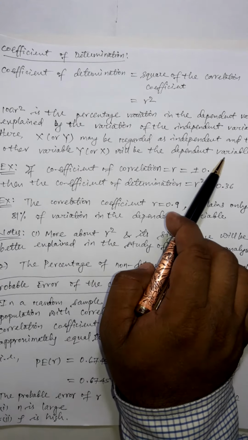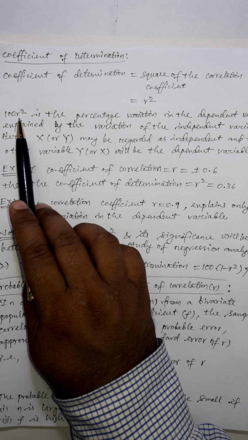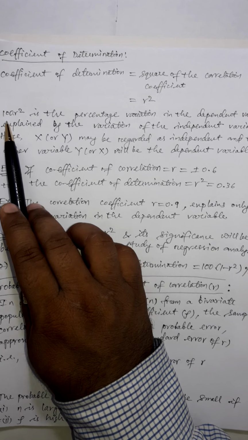Let the correlation coefficient r be 0.9. Then if I convert this to percentage of variation, it explains 100 r square, which will be equal to 81%. As r is 0.9, r square will be 0.81, multiplied with 100 will be 81.